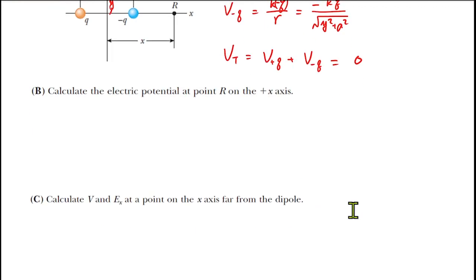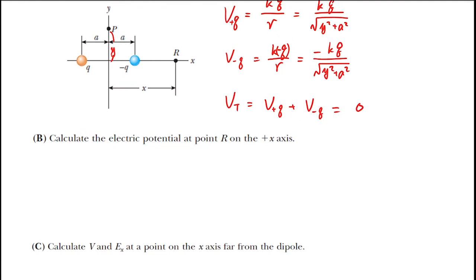Now calculate the potential at point R, x units away from it. The potential due to positive Q is still KQ over our distance R, which happens to be KQ over x plus A. A is just a physical distance, so this distance plus that distance.